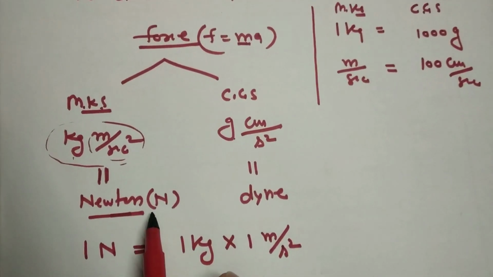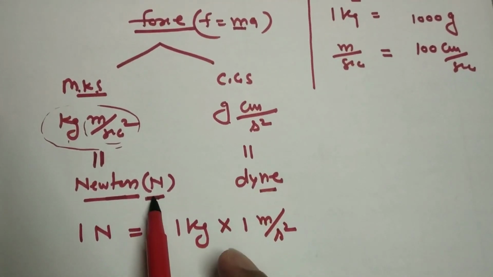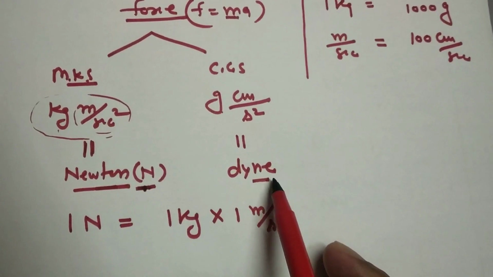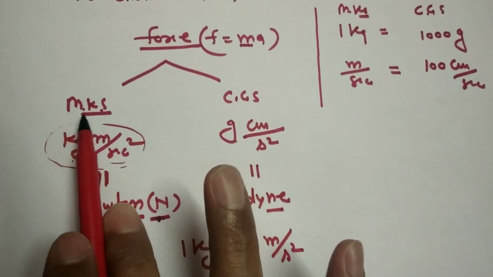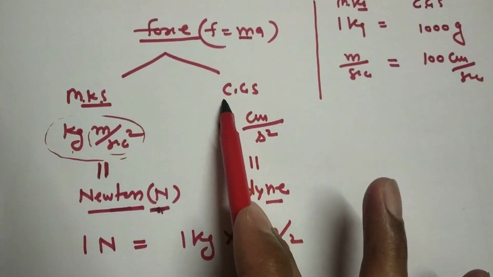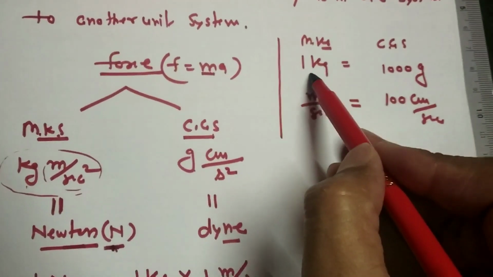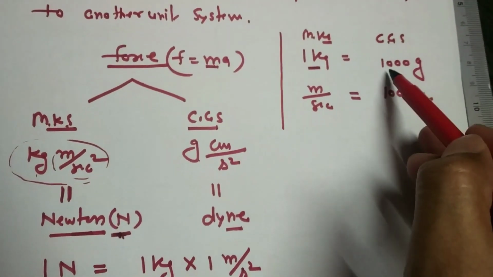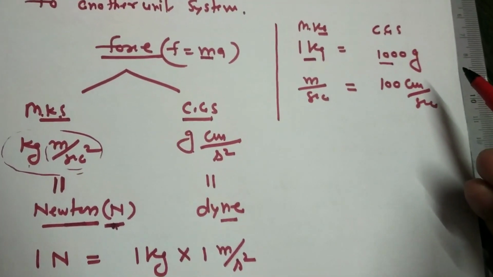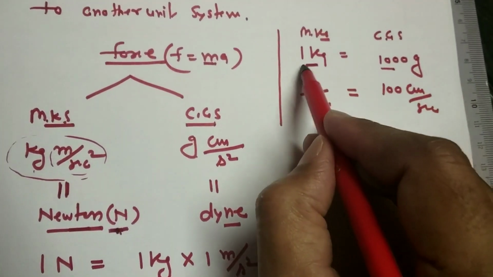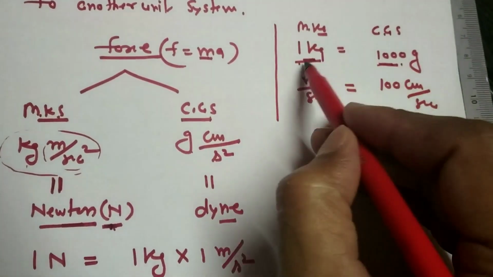Now we can convert Newton into dyne. How many Newton will be equals to how many dyne? मतलब MKS का 1 Newton CGS की कितने dyne के equal होगा? For example, MKS का 1 kilogram of mass is equals to CGS 1000 gram of mass. Both quantities are equal. Both are magnitude.